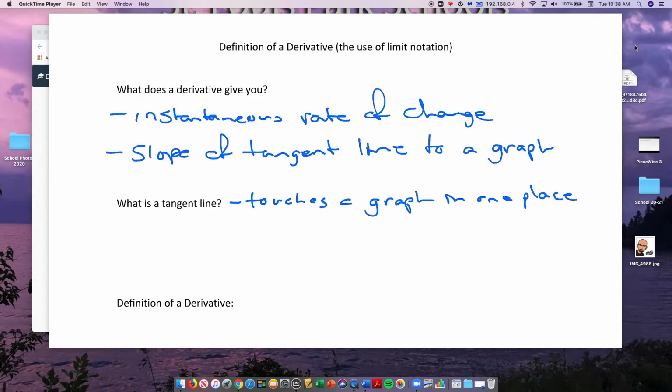What I mean by that is you might have a curve that looks like this, right? And if we were going to draw the tangent line for that, it would come in, touch that curve, and then go out the other way, and it would only touch that curve in one place.